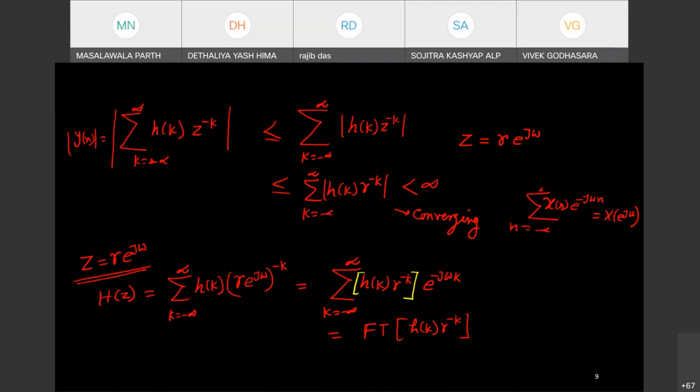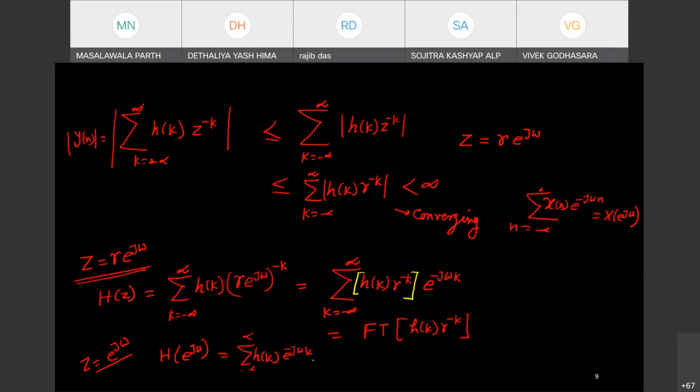And if r equals 1, so if z equals only e to the power j omega, then what will you get? H of e to the power j omega, where z is just replaced by e to the power j omega. That is simply the summation of h of k and e to the power minus j omega k.